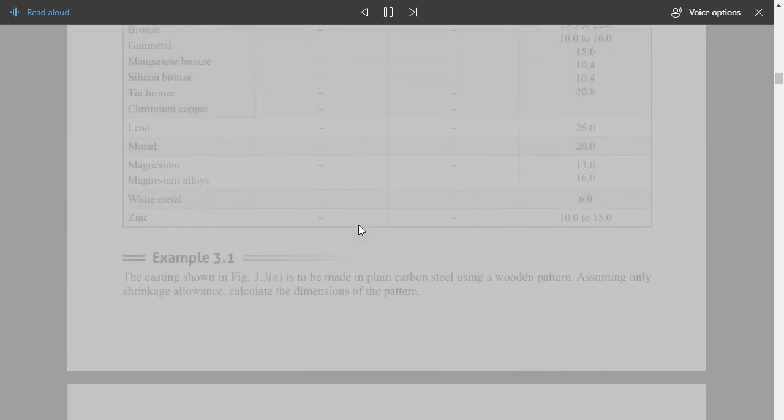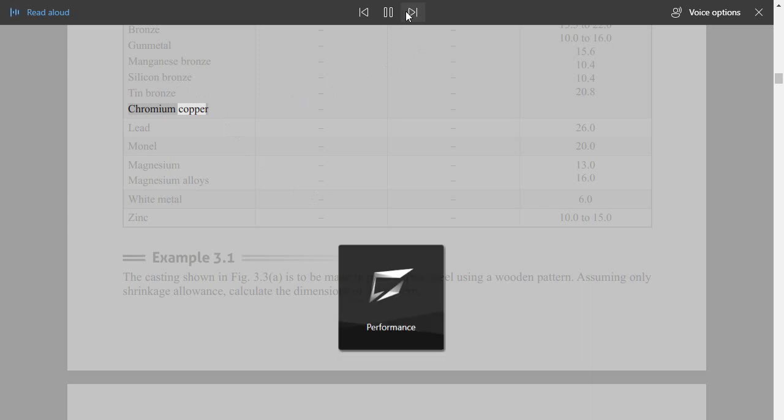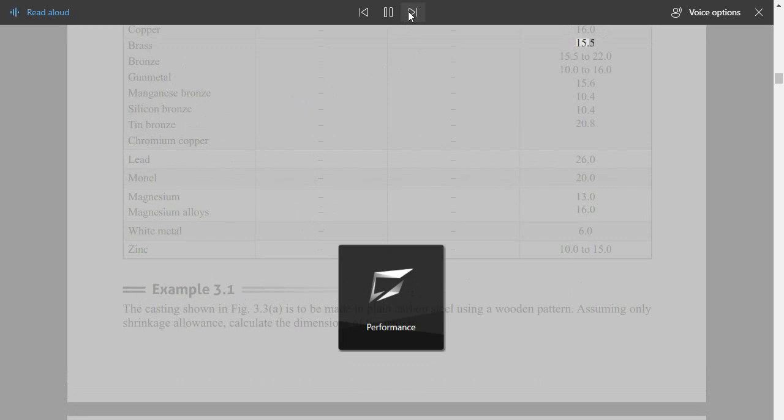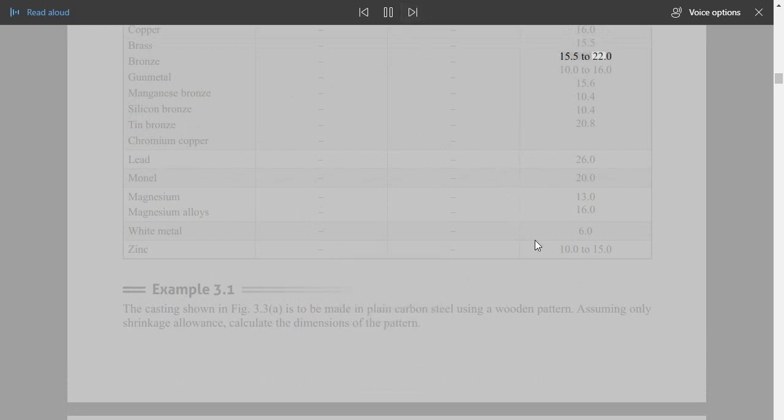Copper, brass, bronze, gunmetal, manganese bronze, silicon bronze, tin bronze, chromium copper. 16.0, 15.5, 15.5 to 22.0, 10.0 to 16.0, 15.6, 10.4, 10.4, 20.8. Lead 26.0, Monel 20.0, magnesium alloys 13.0, 16.0. White metal 6.0, zinc 10.0 to 15.0.